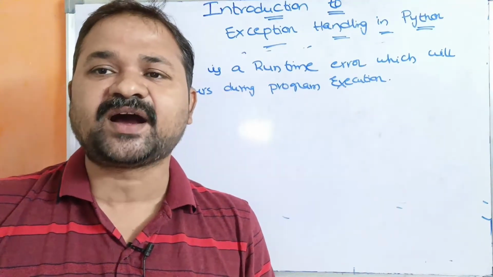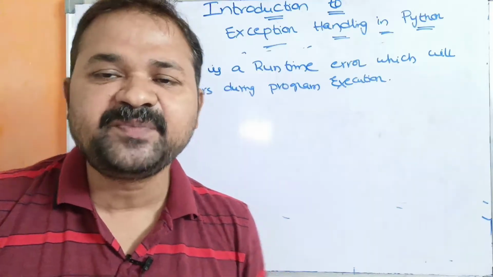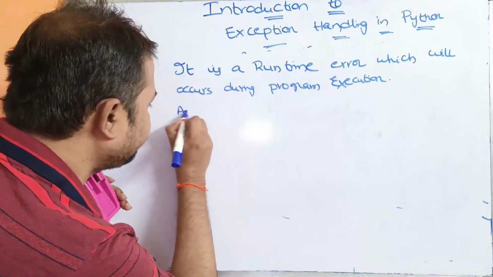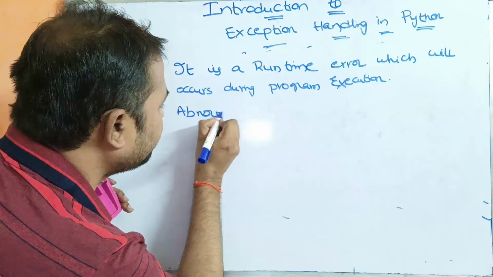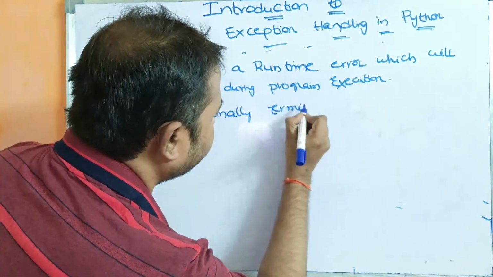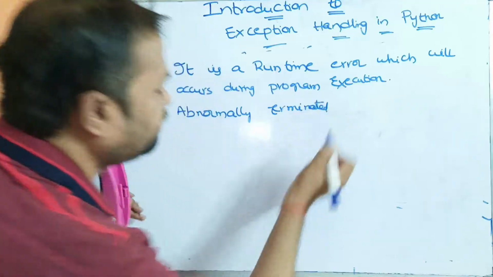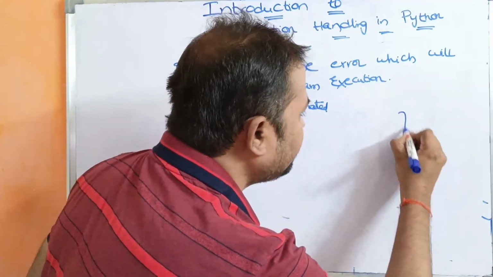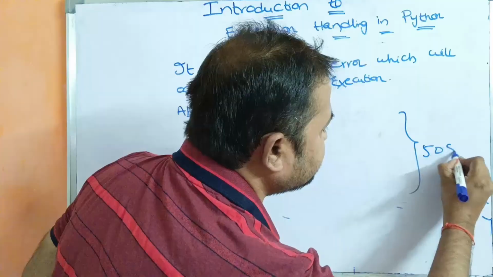Whenever an exception occurs, the program will be abnormally terminated. Let us say we have a program which contains 50 statements.